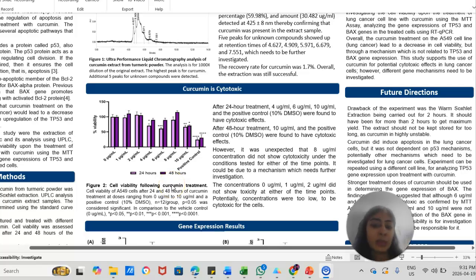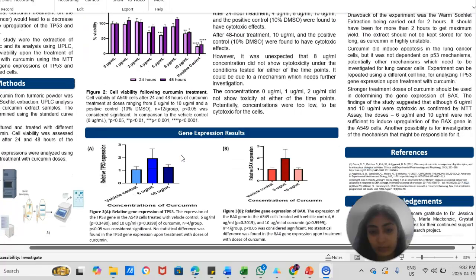Then there was 8 microgram per ml, which is kind of an outlier. It did not induce cytotoxicity at any of the time points. It could be due to errors while performing the experiment, or it might be related to a mechanism which needs further investigation. But overall, it can be said that curcumin is cytotoxic.